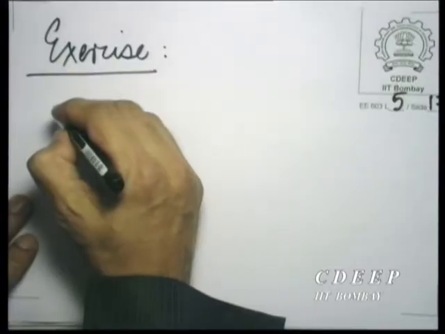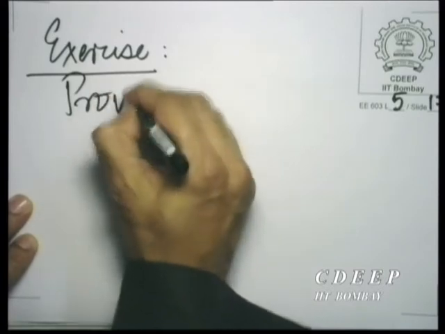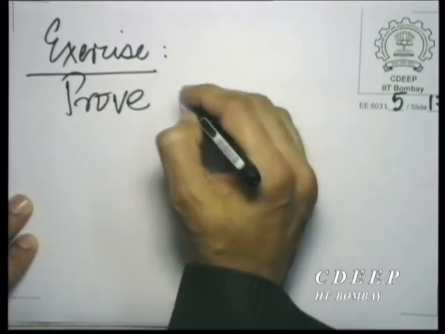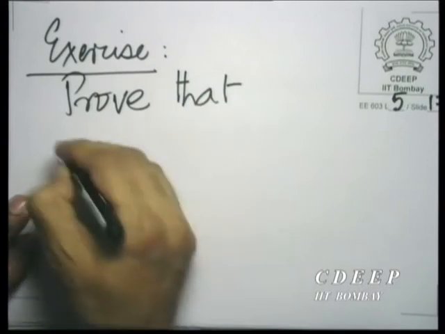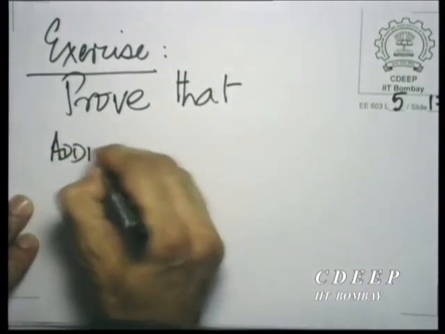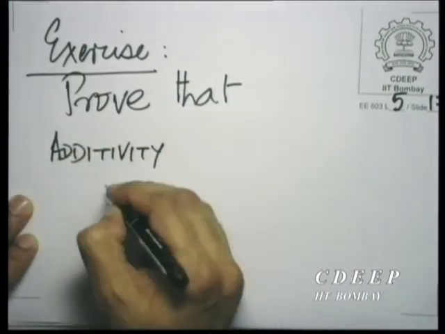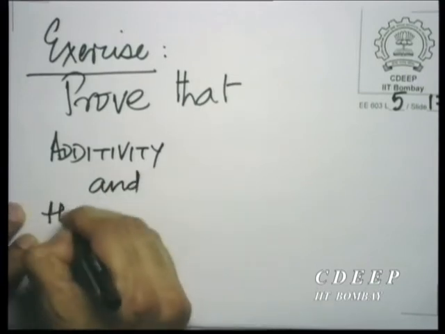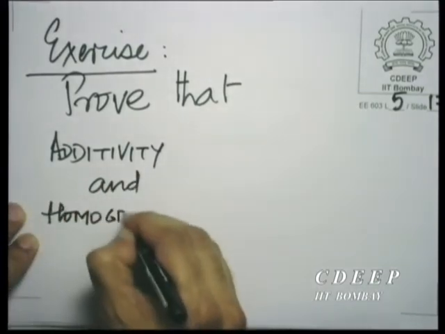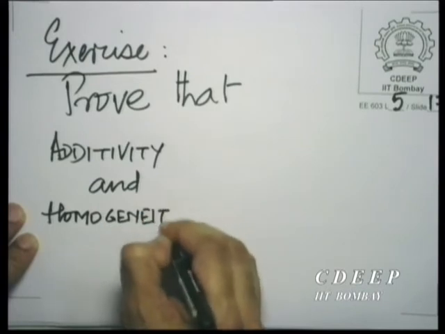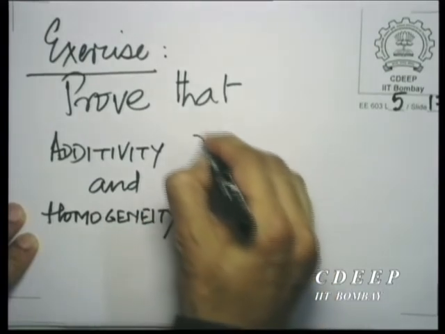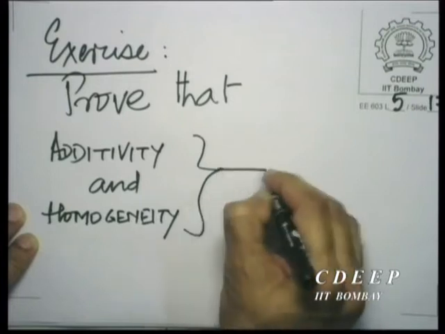And now we make one more observation. The observation, and this again I leave to you as an exercise, is: prove. Now, here it is a positive statement. You need to prove it independent of example. Prove that additivity plus homogeneity, or scaling, together imply linearity.